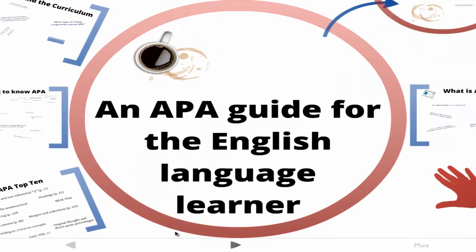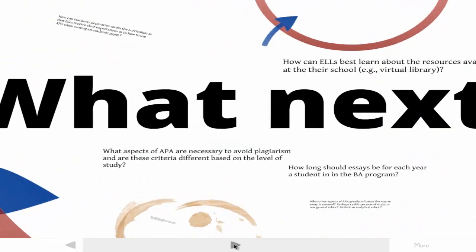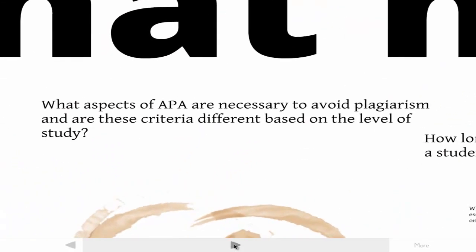As we conclude this APA guide for the English language learner, we may ask, what's next? Some guiding questions as we start working with other teachers on solutions: coming up with a consensus as to how we want to evaluate APA. We might also consider what aspects of APA are necessary to avoid plagiarism, and whether these criteria differ based on the level of study.